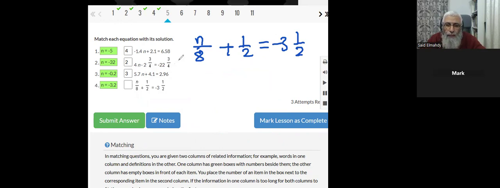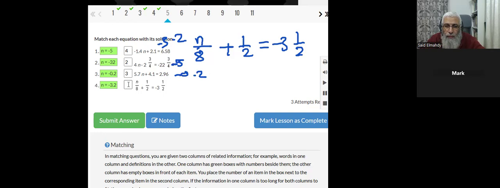This was negative 5, and this one was negative 0.2. And this one was 3.2, I think. Yes, but everything is correct. Wouldn't negative 5 be 1?